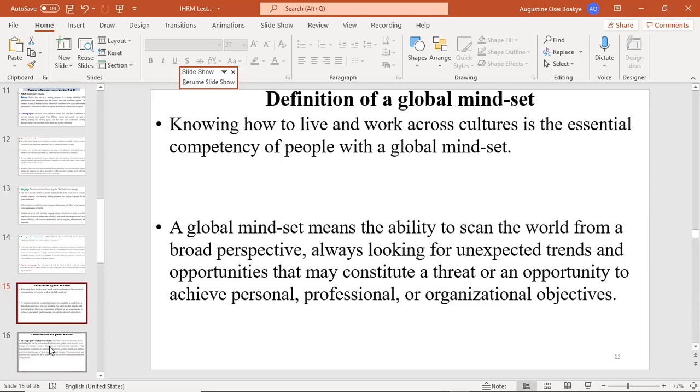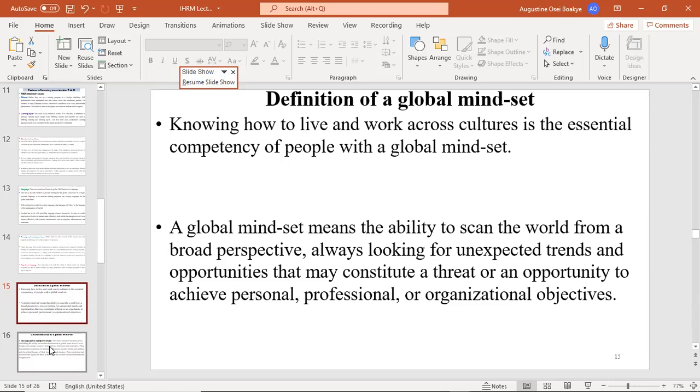Knowing how to live and work across cultures is the essential competence of people with a global mindset. So when we say someone has a global mindset, it primarily means they are culturally intelligent and are able to work with people from different countries or cultures without having a lot of difficulties in their interaction.